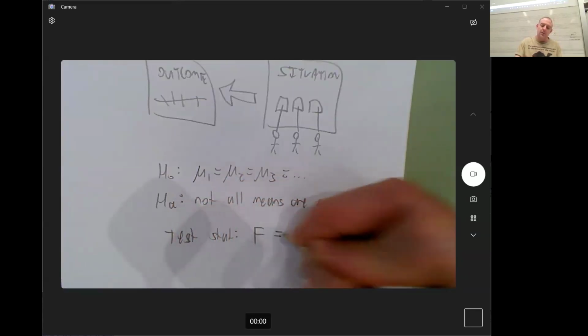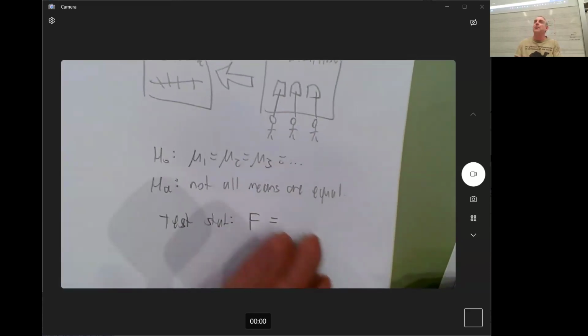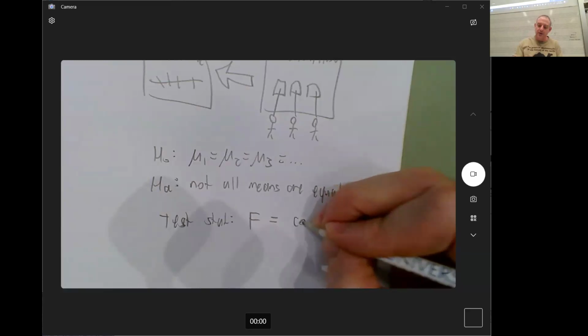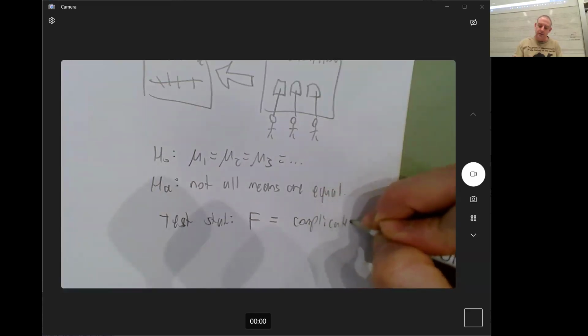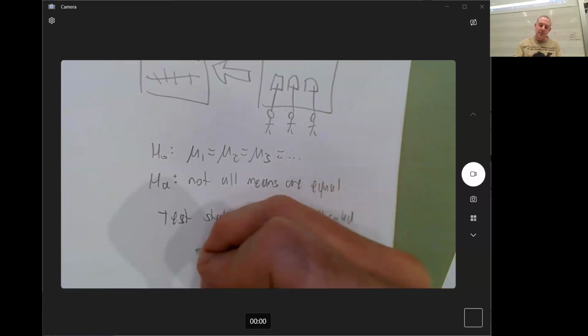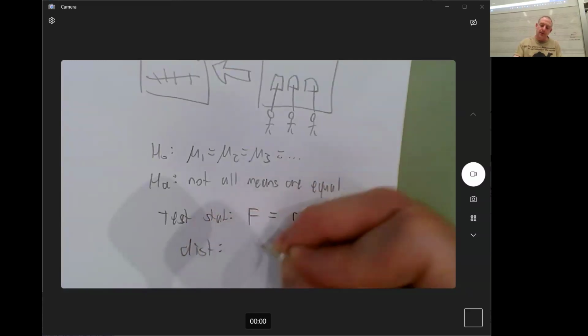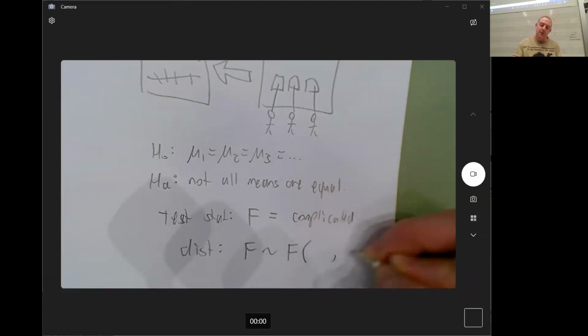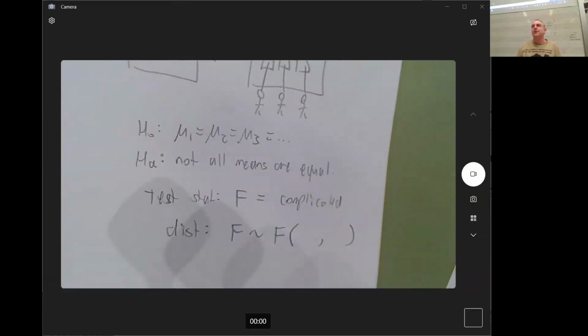And the test statistic is an F, which is complicated to describe how you calculate it. It's calculated from that ANOVA table with SS's, T's, and SSE's, and dividing by things and stuff. So complicated. But it does come from a distribution. The F comes from an F distribution with two numbers for its degrees of freedom instead of just one.